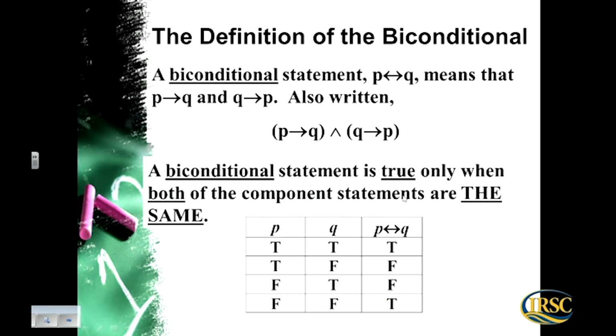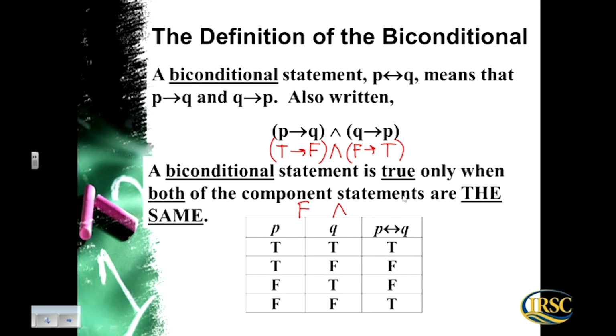Okay, let's take a look at when the truth values are different. Let's say that P is true and Q is false. So that means over here we have Q false and P true. Right, so notice that the first one, if true then false, is false.